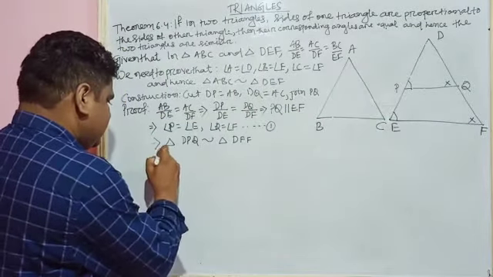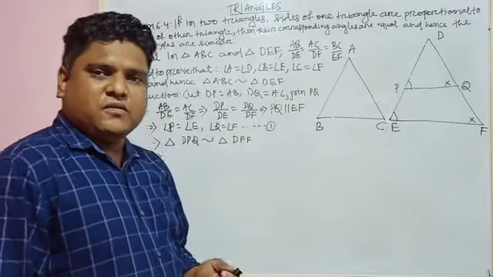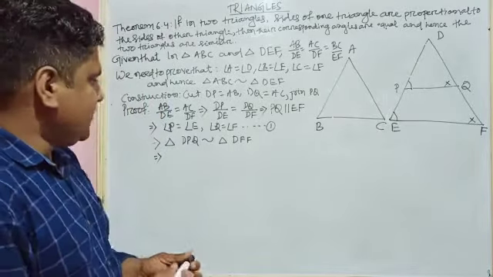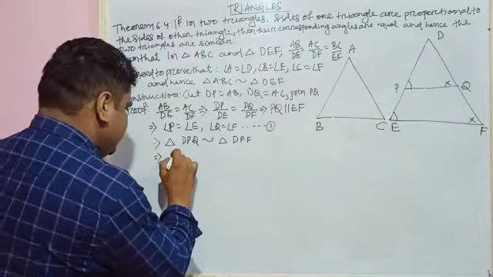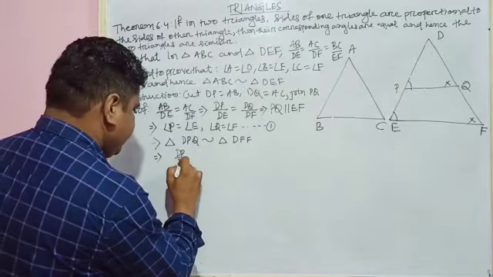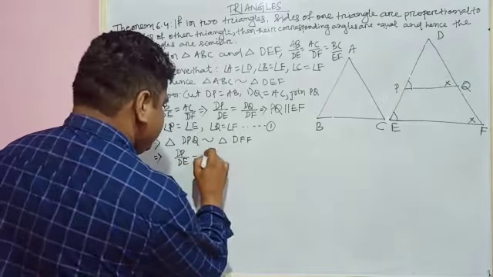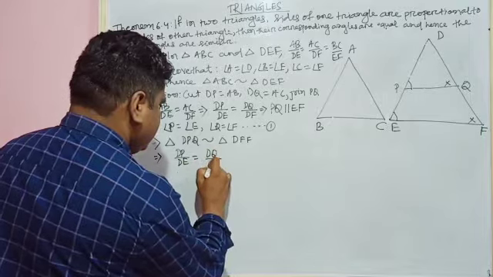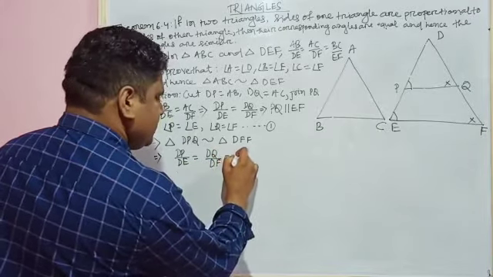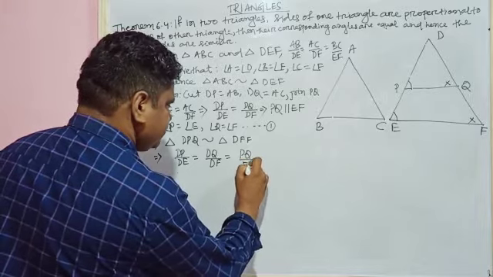This implies that if two triangles are similar, then their ratio of corresponding sides is also equal. Means we can write DP by DE is equal to DQ by DF is equal to PQ by EF.